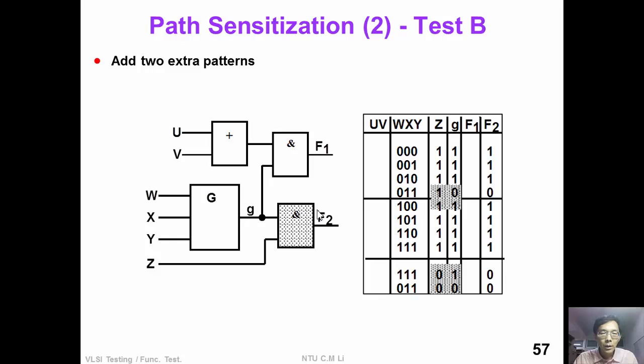And then we want to test segment B exhaustively. The input to segment B are Z and G. We will need 4 test patterns. 2 of them are already included in our previous 8 test patterns, so we just need to add 2 more.